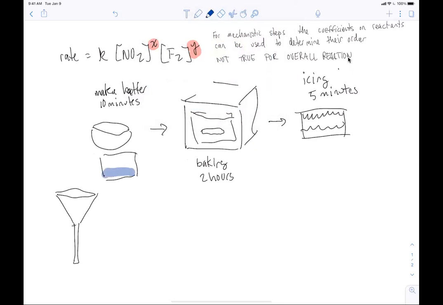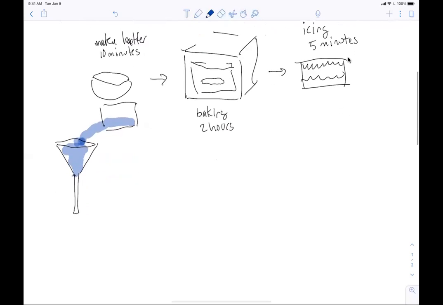I'm pouring some liquid, it gets into the funnel, and it streams out at the bottom. What's the rate determining step here? It's the amount of time that it takes for it to travel through here.